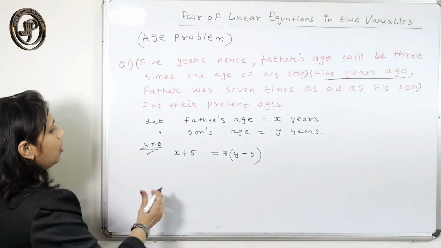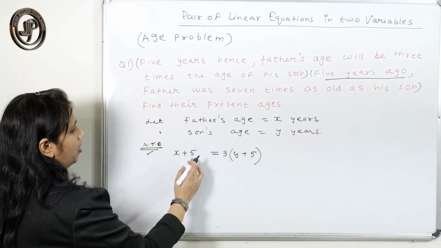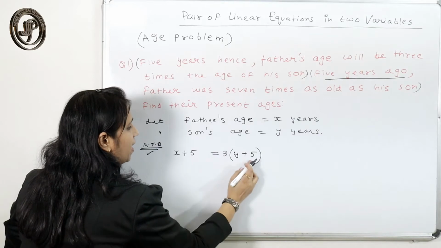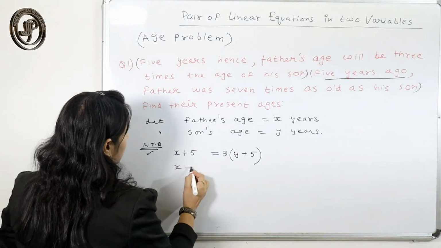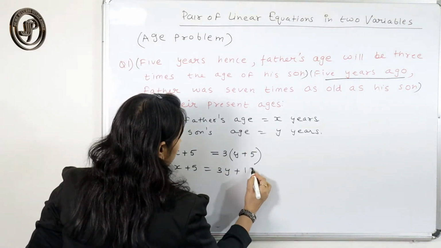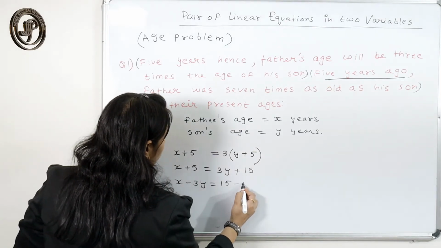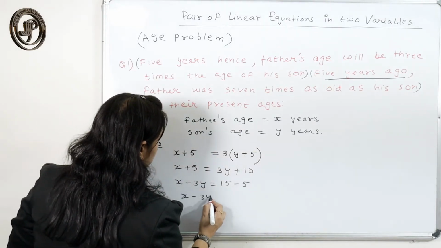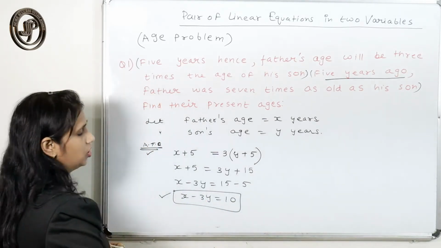Father will be 3 times the age of the son after 5 years, so I have added 5 years to both of them. Now I can simplify this equation: x minus 3y is equal to 15 minus 5, so x minus 3y is equal to 10. Now this is my equation.